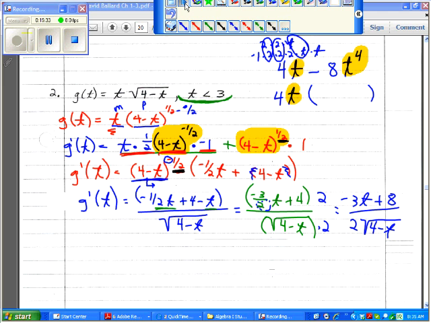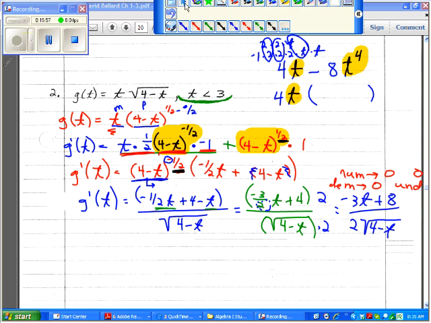And so then what would we do now? What would we do now? Okay. If the numerator turned out to be 0, what would the derivative be? 0. If the denominator turned out to be 0, what would the derivative be? Undefined. Well, either one of those is a critical point.